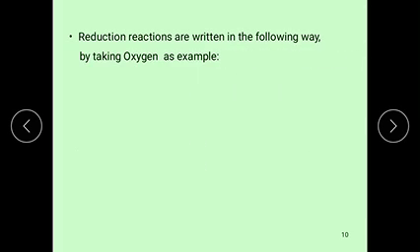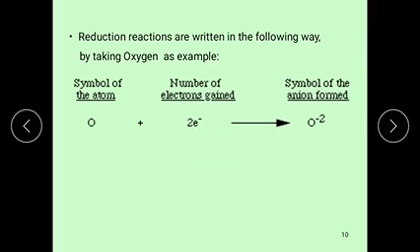Okay, the reduction reactions can be written in the following way, taking oxygen as an example. When an oxygen atom gains 2 electrons, it converts into O minus 2.